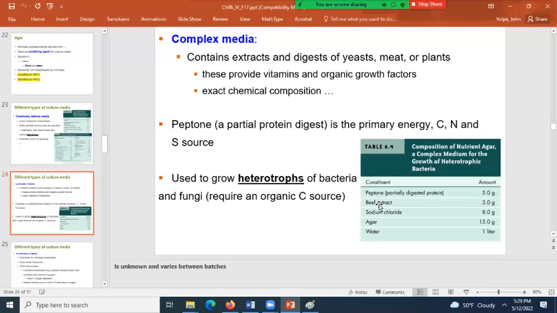That would be the peptone and the beef extract, a nitrogen source, also the peptone and the beef extract, and a sulfur source. That would be both the peptone and the beef extract, because both will have protein in it. We use complex media usually to grow heterotrophs, organisms that require an organic carbon source. And like for E. coli, we can grow that on nutrient agar.